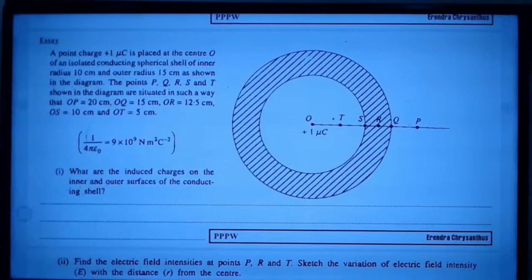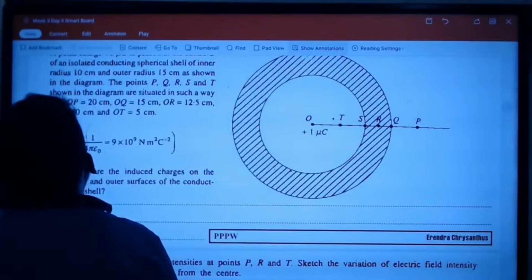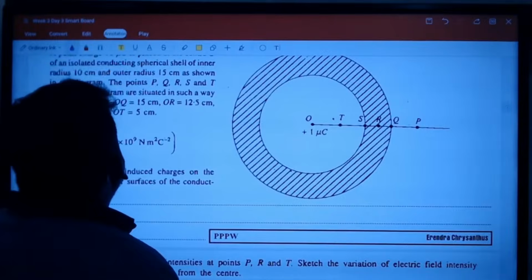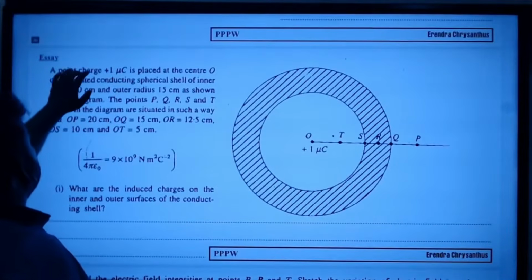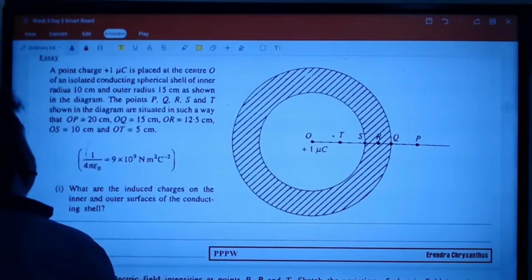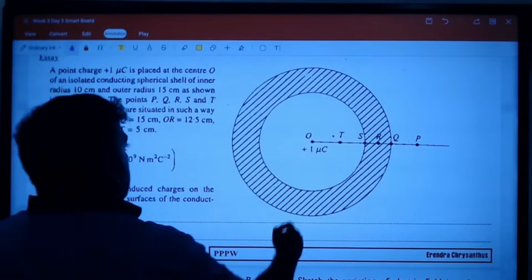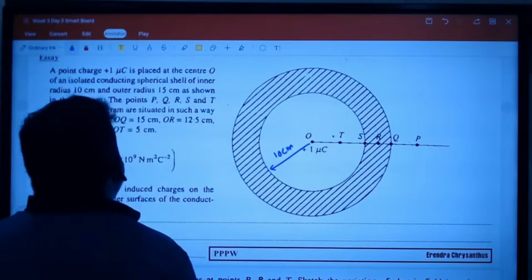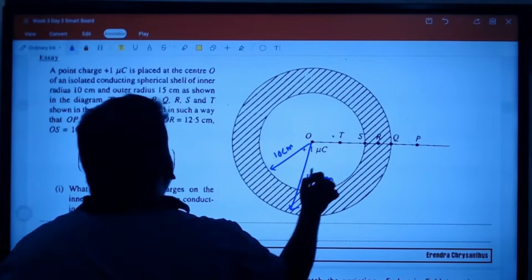Essay question. A point charge plus Q is placed at the center of a hollow conducting sphere of inner radius 10 centimeters and outer radius 15 centimeters.